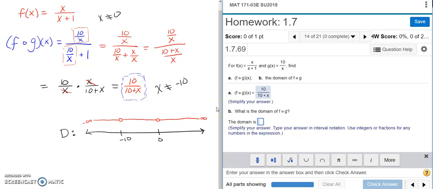Our first section, we're good from negative infinity to negative 10. We use this symbol for union. That means we're doing multiple sections. Then it's negative 10 to 0, union 0 to infinity.